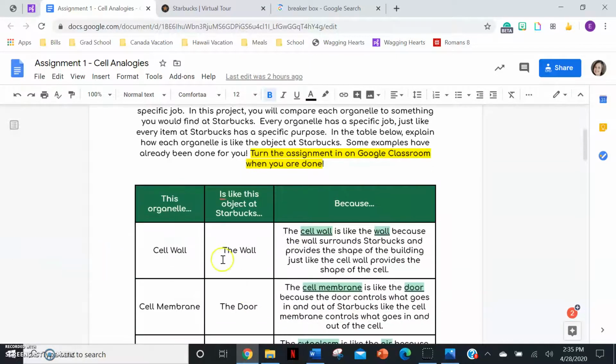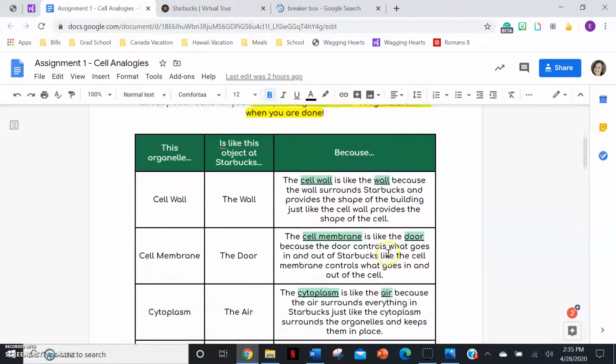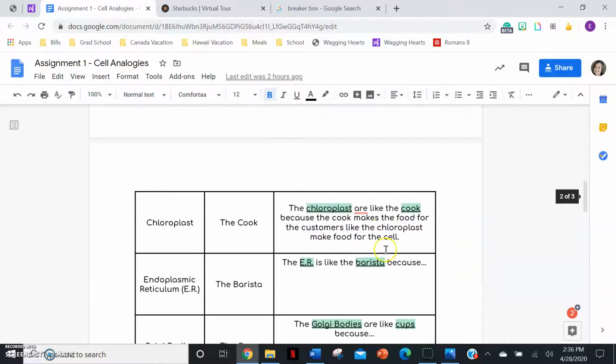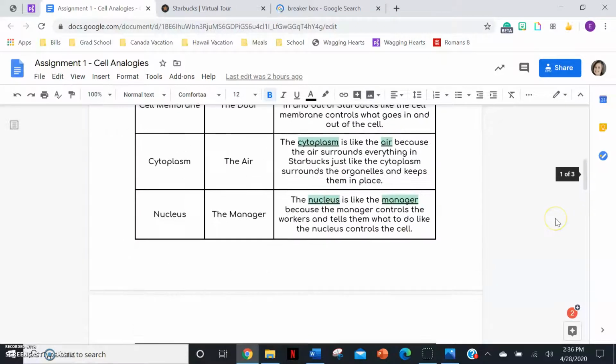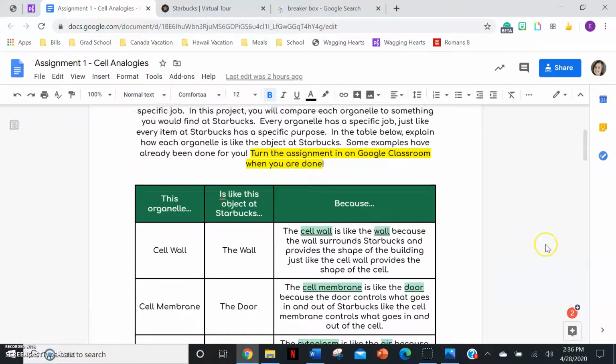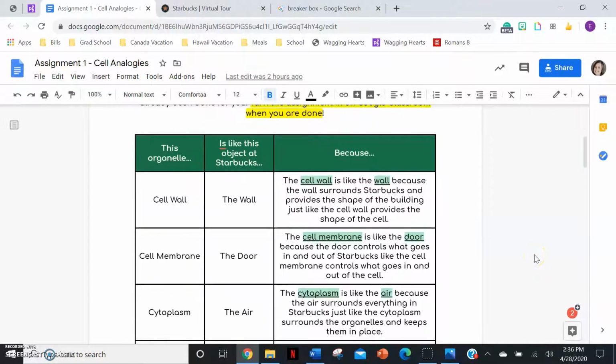So down here in this table, we're going to take a cell organelle and we're going to compare it to something at Starbucks, and we're going to explain why the two are similar. Now, lucky for you, your teachers have already done 5 examples for you, just so you can see what we're expecting. It's going to be your job to finish the rest.